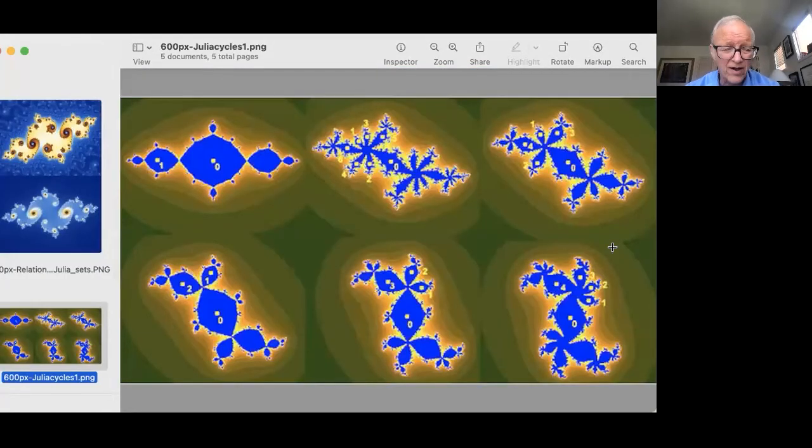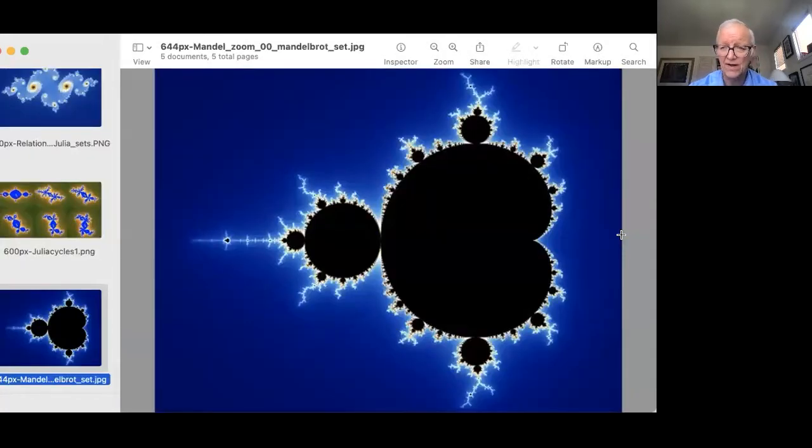It turns out that they're all controlled by the Mandelbrot fractal, and depending on which point you pick on the Mandelbrot fractal, you get a different Julia fractal, and these are the shapes that they come in. And here is the Mandelbrot fractal itself.